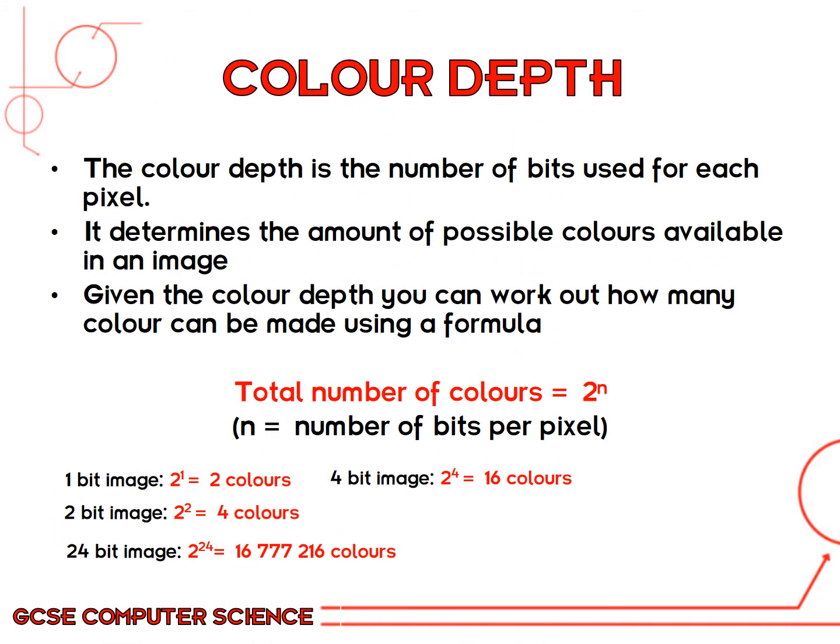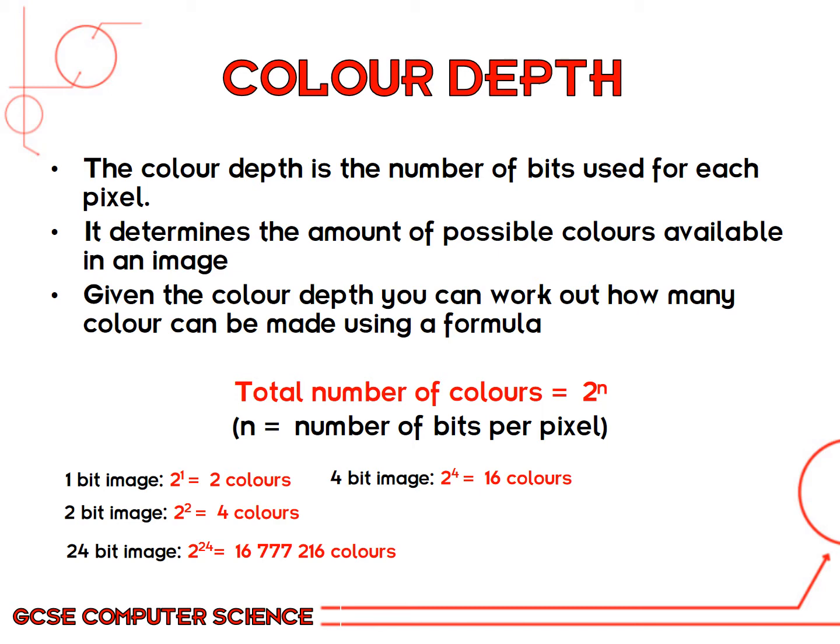So for example, the black and white image only had 1 bit. Therefore, the total number of colours is equal to 2 to the power of 1, which is 2. So we can either have black or white. A 4-bit image, for example, would be 2 to the power of 4, which is 16 colours.